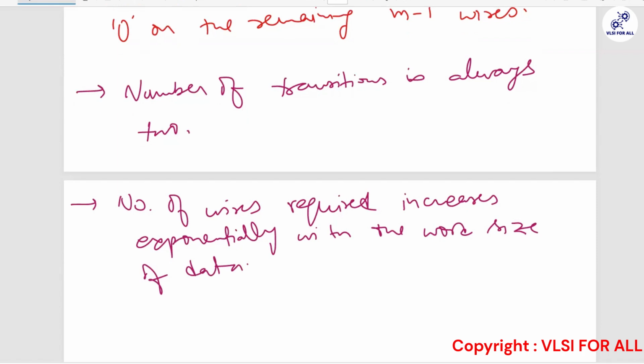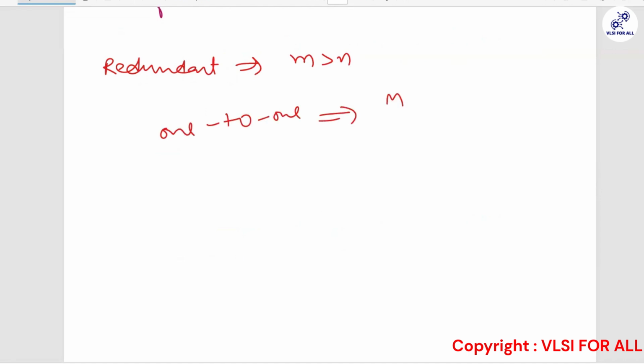Okay. Now, since we have talked about this one-hot coding, we know here that it is redundant. Why is it redundant? Because m is greater than n. And again, there is one-to-one mapping, so this is a memoryless coding technique.